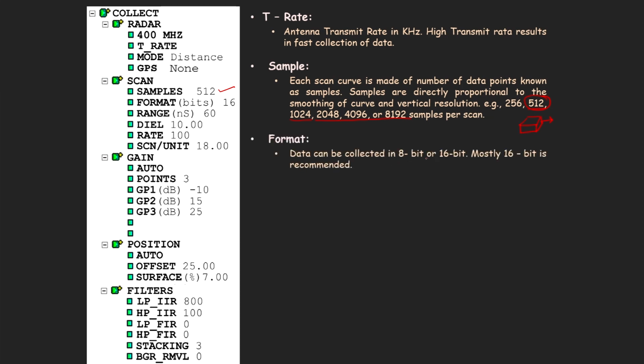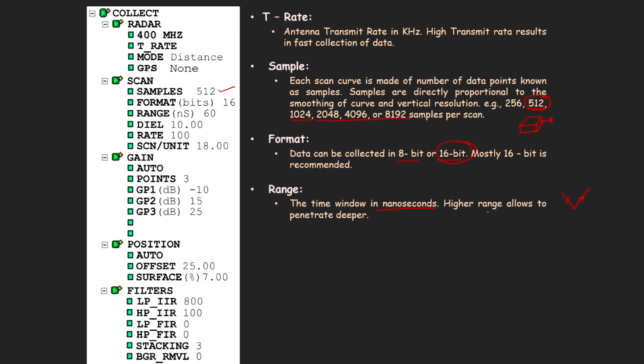Then the format is 8 bits or 16 bits. Mostly we take 16 bits. It is recommended. And the range, as I told, you put in this range mode, that is the time window in nanoseconds. This you will take in two-way travel time, so the waves propagate and are received back.